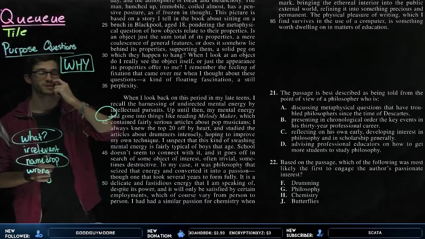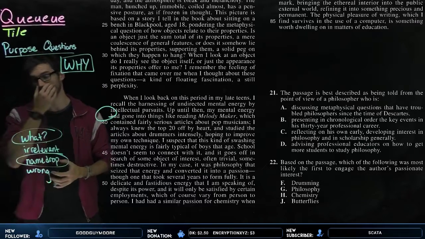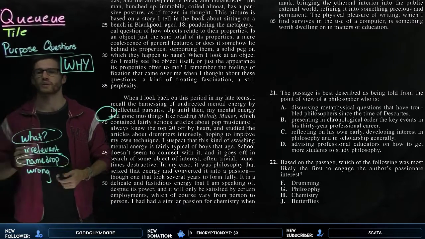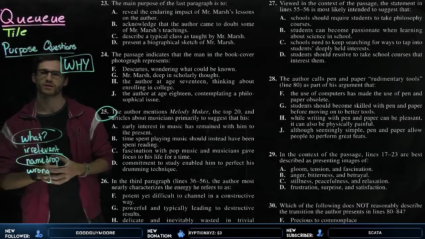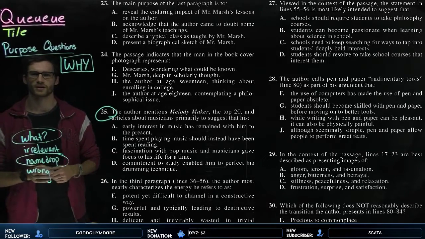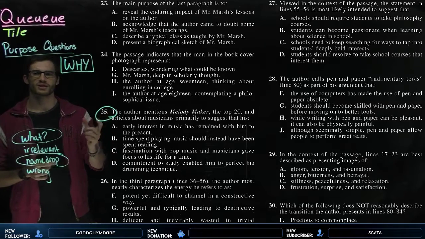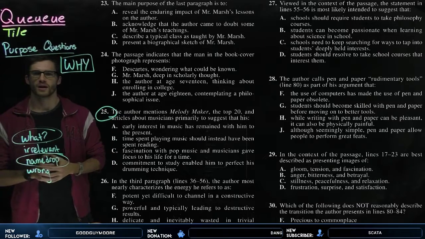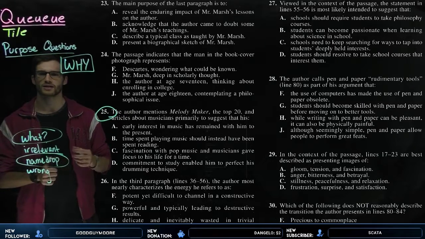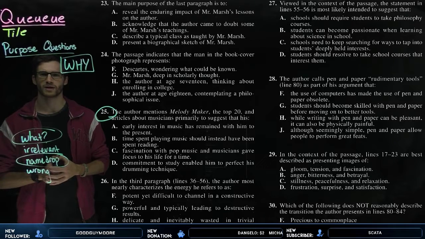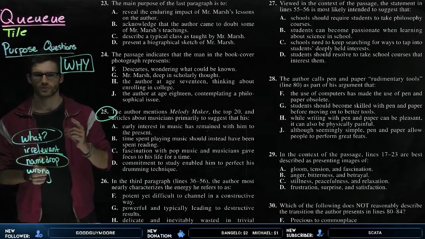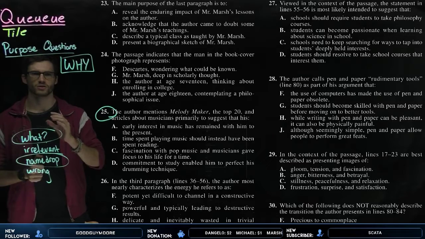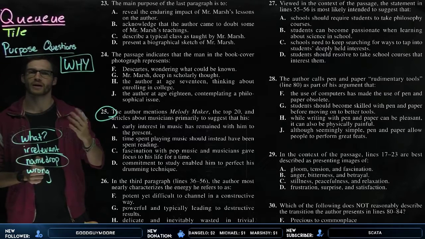This person's looking back. So let's see what we can get rid of in the answer choices. Brendan, can we go back to the answer choices? Very good. Okay, so the author mentioned these things, Melody Maker and the top 20, primarily to suggest that his early interest in music has remained with him to the present. No, this is wrong because you would be making an inference about other things.